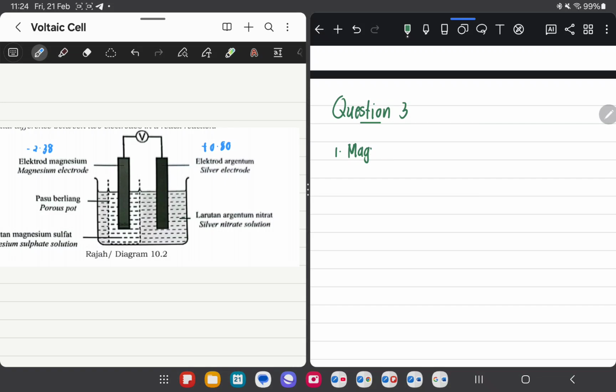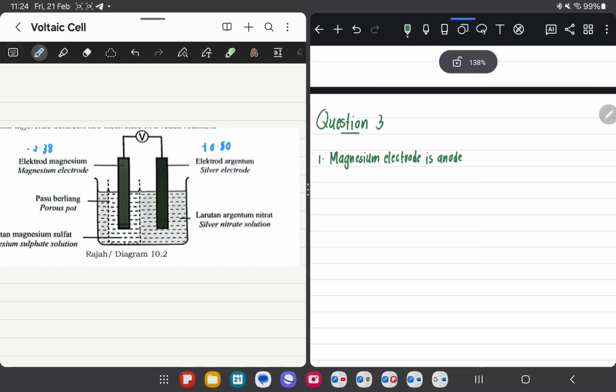magnesium electrode is anode. Why is it anode? Because E naught value is more negative. So this should be your first answer.